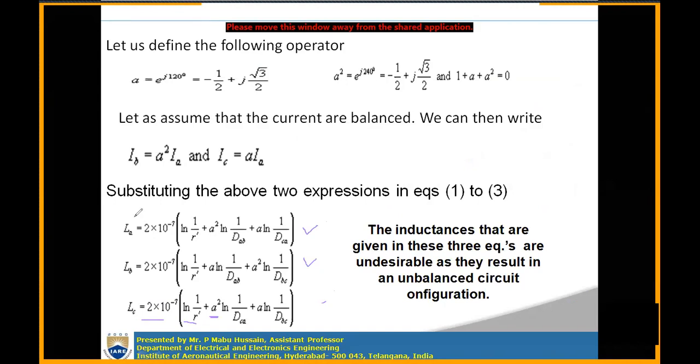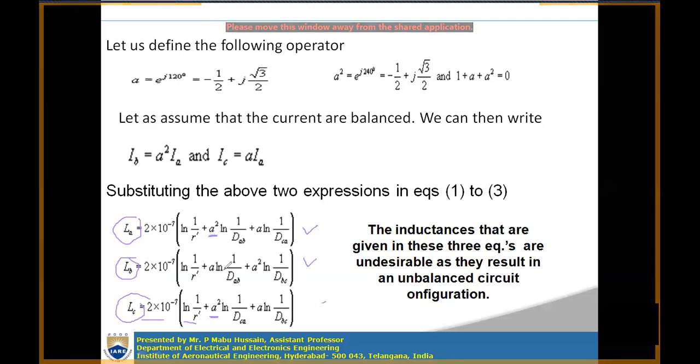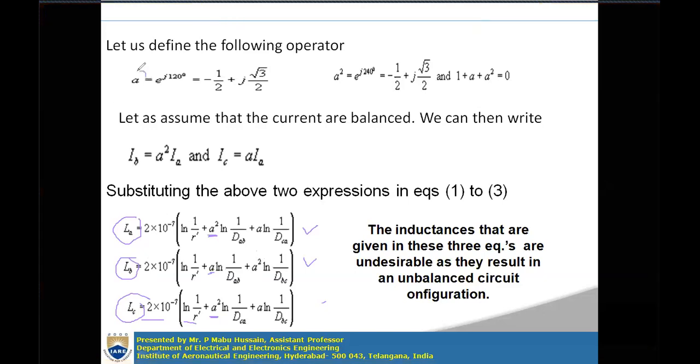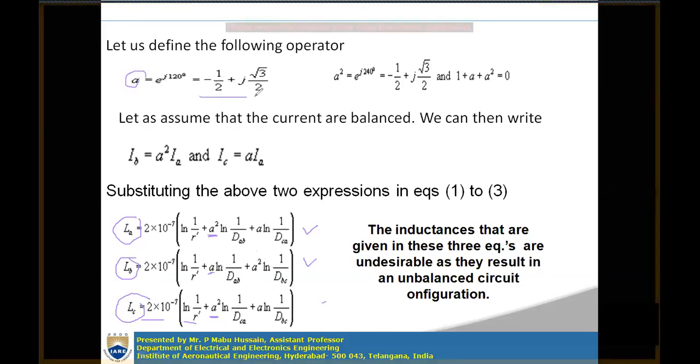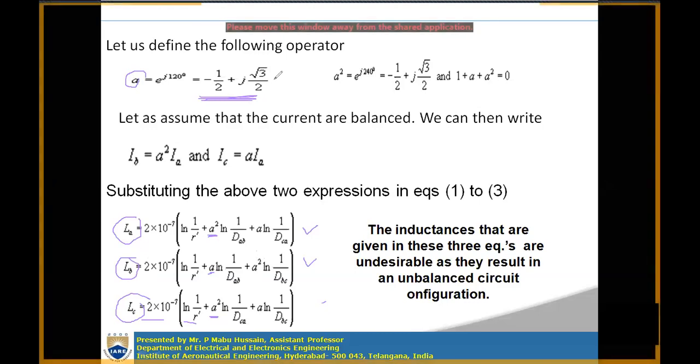Now all these inductances depend upon operator A. In each term you have operator A, which we are assuming is a complex value. So all the inductances are complex values.